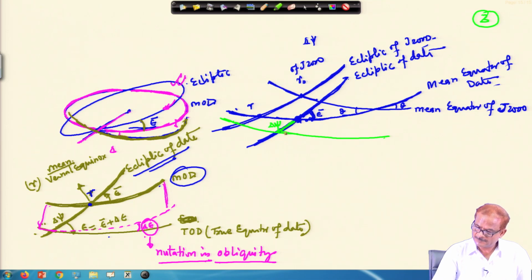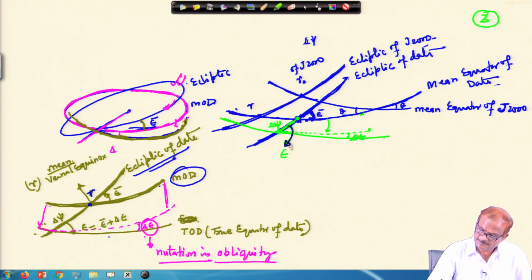From here, if we show a little bit of delta epsilon upward, this is delta epsilon. This line and this line are parallel. So, first bringing this point to this point and then rotating by epsilon, this angle is your epsilon and this angle is delta epsilon.